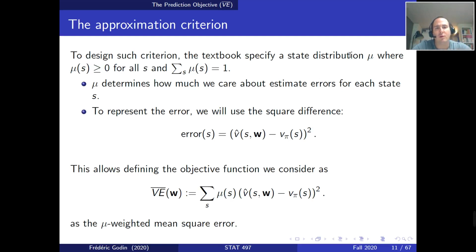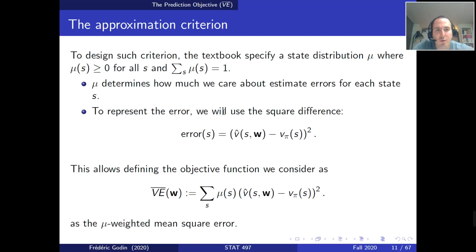So we must determine how we would weight the errors made over the various states. We define the distribution mu, which is greater than or equal to 0 for all states, and for which the sum across all states is 1. So mu is truly a distribution which will be used to weight the error made over the various states.